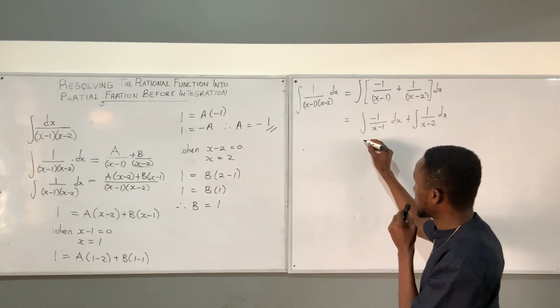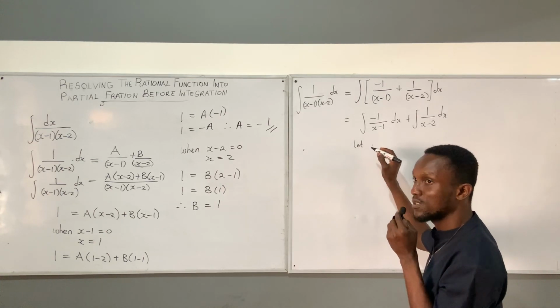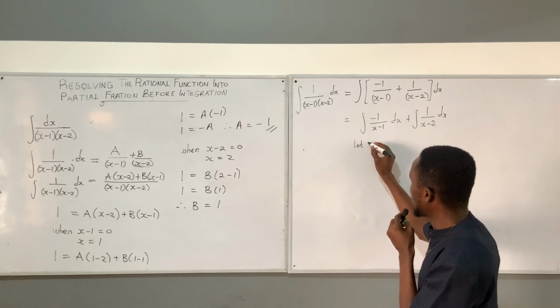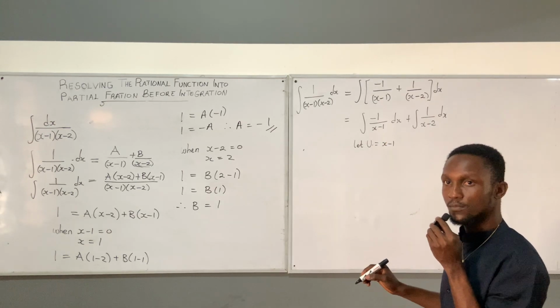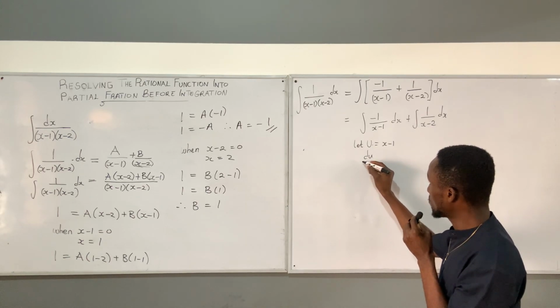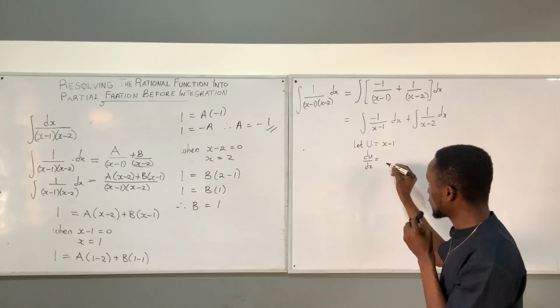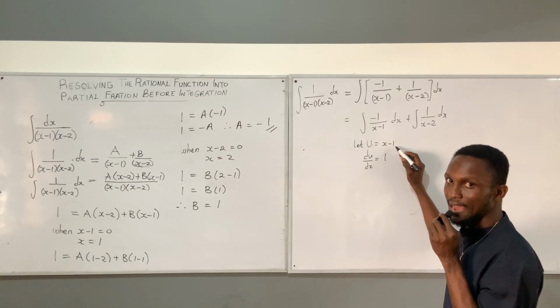So let's say, let a variable of your choice, I'm using the variable u, let u be equal to x minus 1. I'm going to differentiate this u with respect to x. du/dx should give me what? 1. When I differentiate the constant, I have 0.